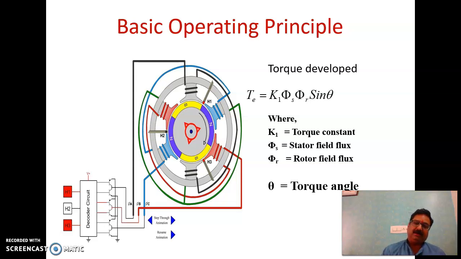If we consider phi s, suppose the current provided to the stator is constant, in that case the phi s will also be constant. Therefore we can conclude that phi s is dependent on the current. You know that stator has three phase windings, phase A, phase B, and phase C. So the corresponding phi s will be the resultant of all.